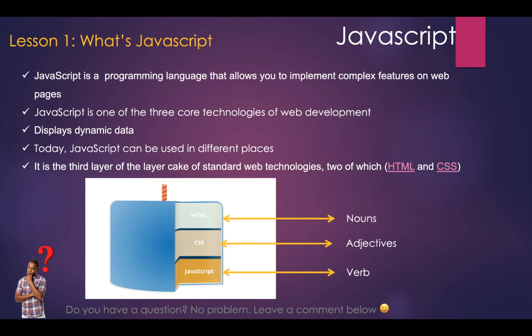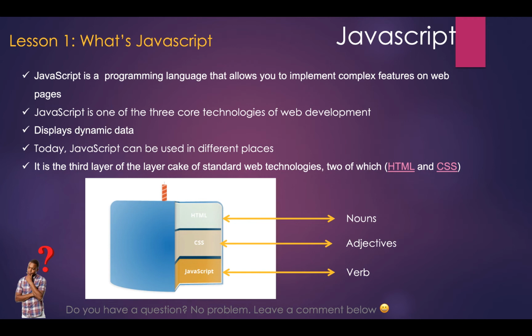Java is not JavaScript. JavaScript simply means adding some functionalities to your pages. When a user clicks a button, something should happen. When you move around, this is all what JavaScript can do for you. And these days JavaScript can run on the server side as well, and can create mobile applications as well.